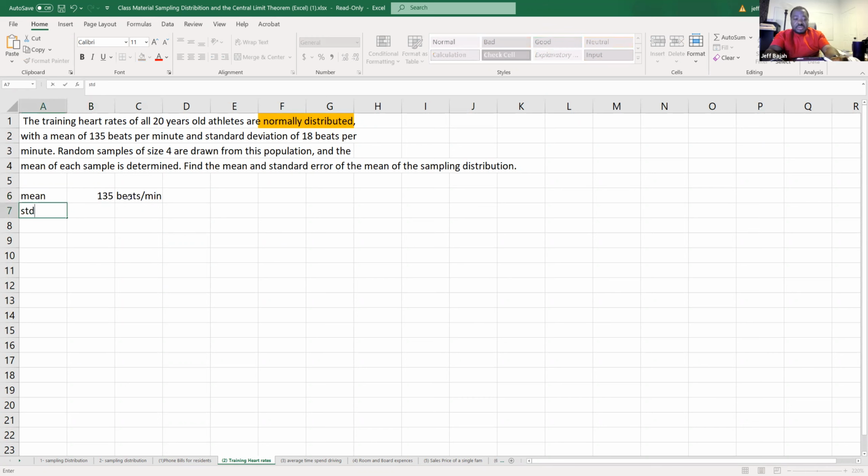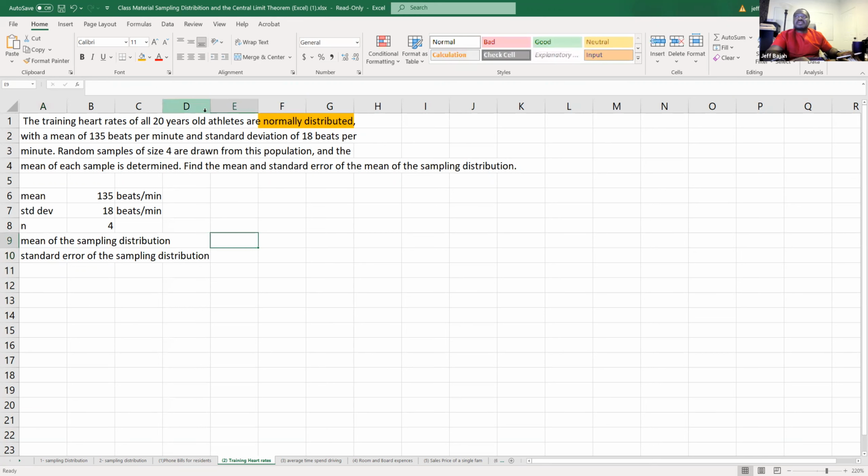And what's the standard deviation? 18. 18, thank you. All right, so we have that. And so our n is given as 4, right? So the question is asking us to find the mean of the sampling distribution. And the second one is asking us to find the standard error of the sampling distribution.